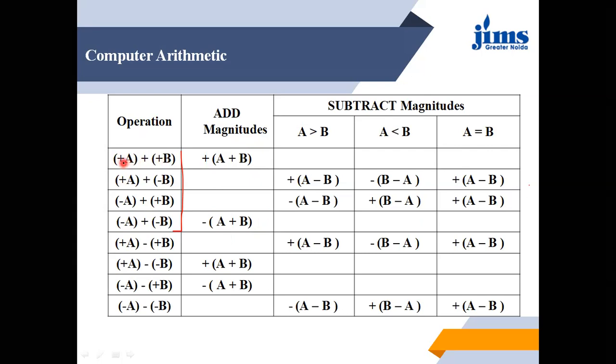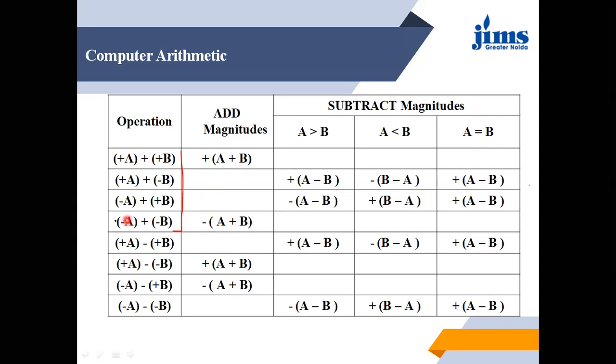When we add plus 2 with plus 2, it will be plus 4. And in the case of adding negative numbers, minus 2 plus minus 2, that is 2 plus 2 is 4, and this is minus.